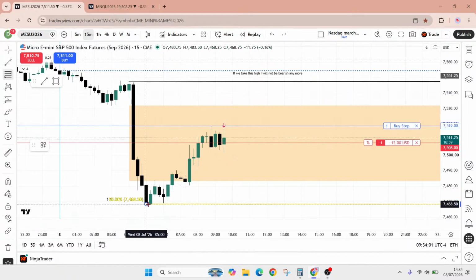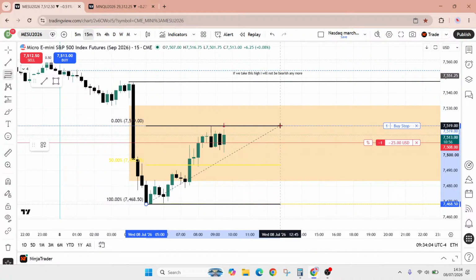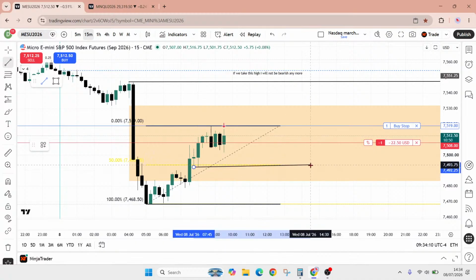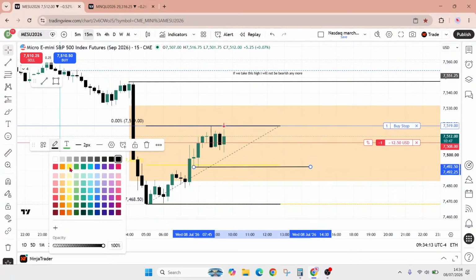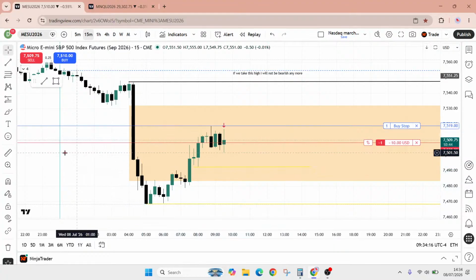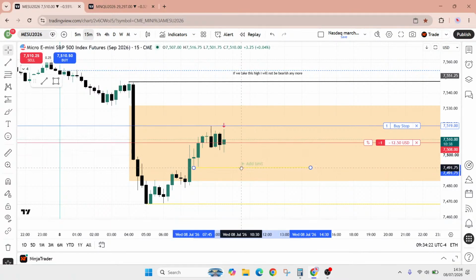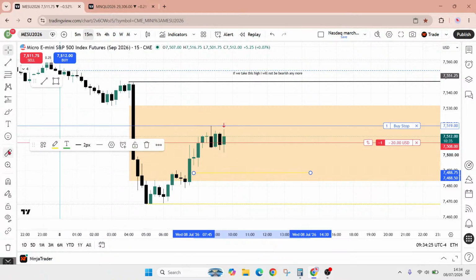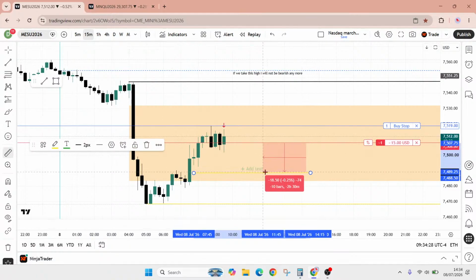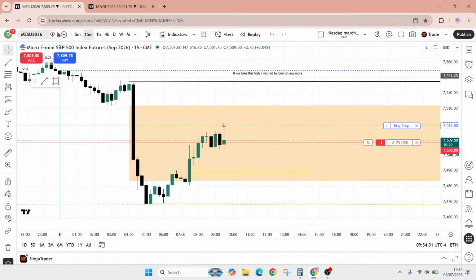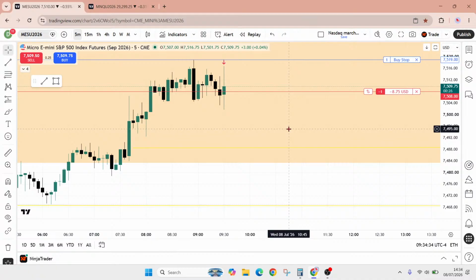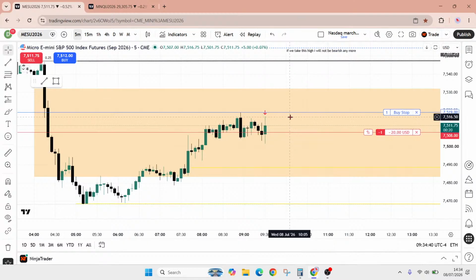In terms of taking profits here, you could take some profits here. I got everything there. I would like to short, but the market is not giving me much.